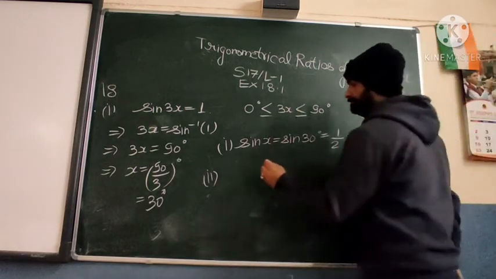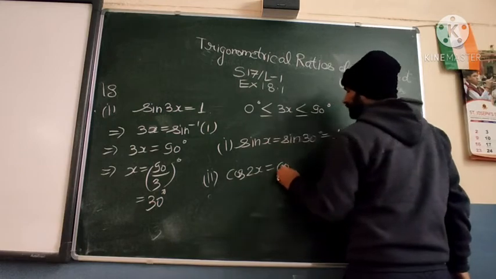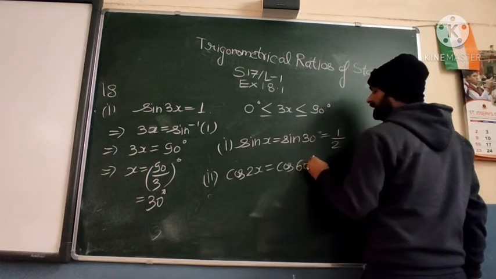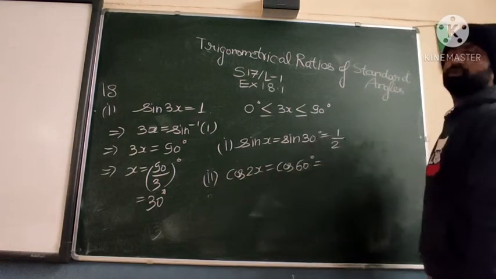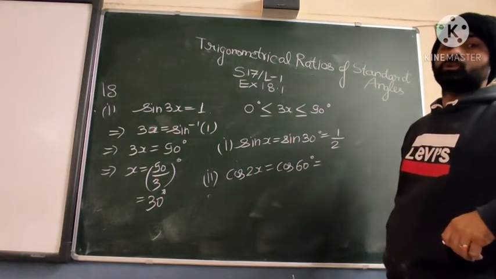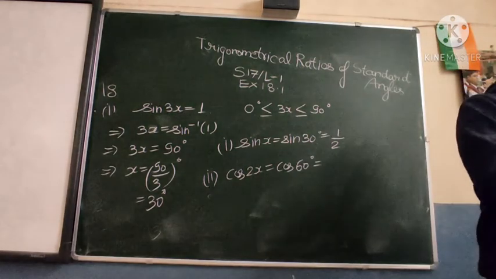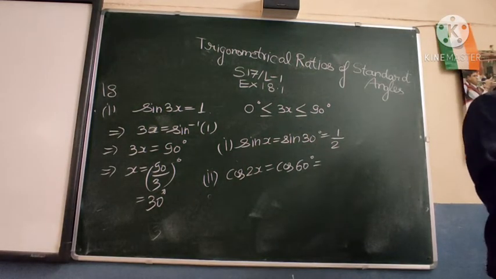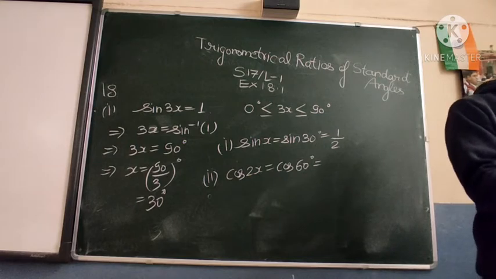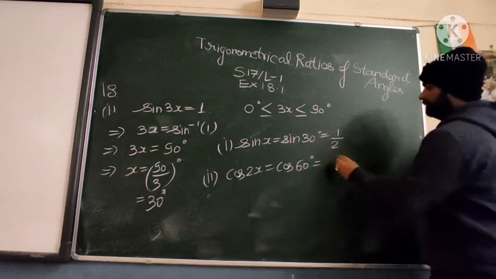Cos 2x equal to cos 60 degree. Now cos 60 is what? Let's say cos 90 is 0, 0 by 4. So cos 60 should be 1 by 2. Yes, it should be 1 by 2.